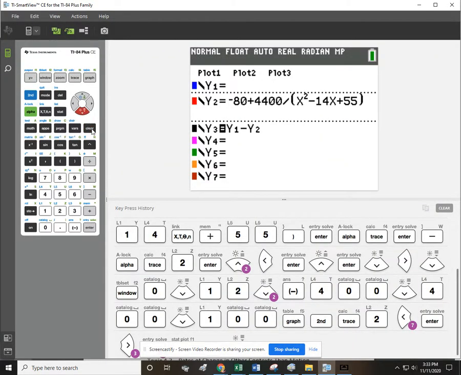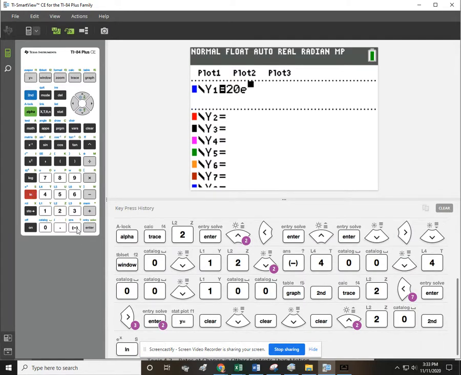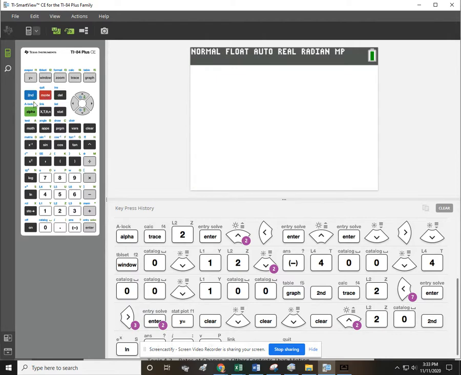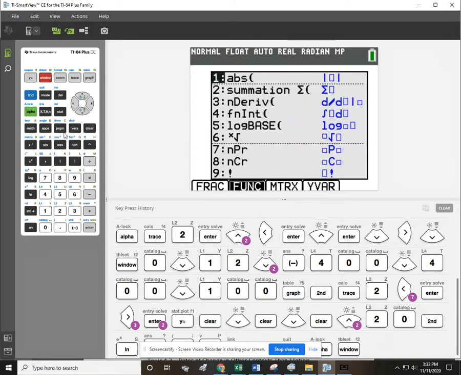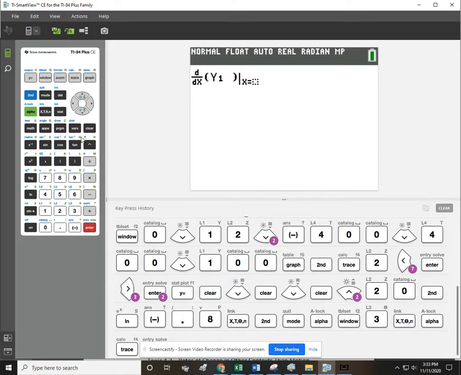Now we don't need rate in, rate out on this one, so I'm just going to go to Y1 and type in my function. Then I'll quit out of there, and I'll let my calculator find the derivative of the function that we typed into Y1 when x, or t technically, is 2.